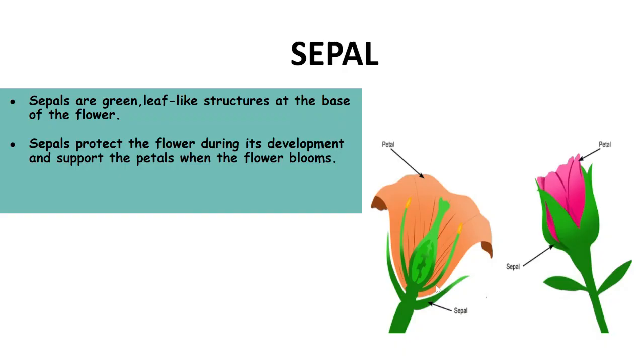First part is sepals. What are sepals? Children, sepals are the green leaf-like structure at the base of the flower.